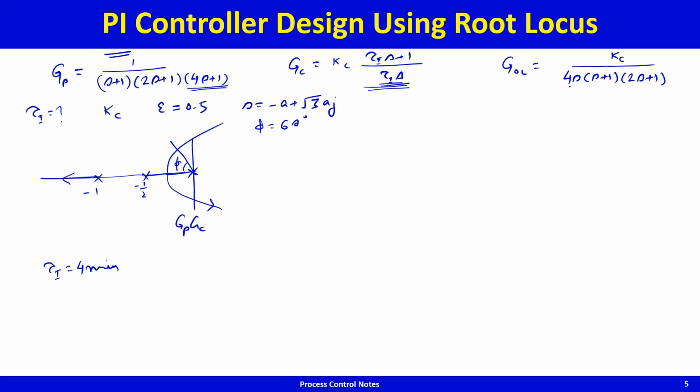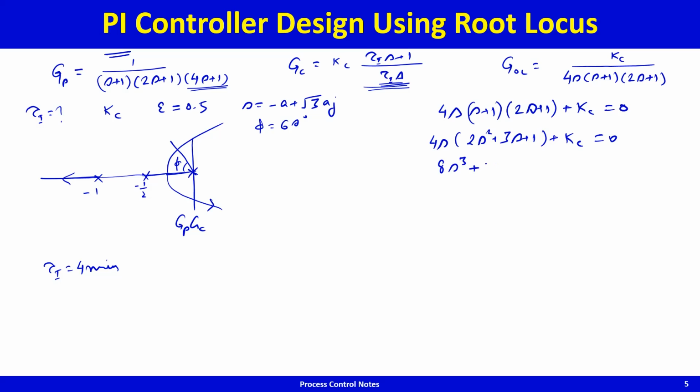Therefore the characteristic equation will turn out to be 1 plus G open loop equal to 0, and that will be 4s into (s plus 1) into (2s plus 1) plus Kc equal to 0, and so you will get 4s into (2s squared plus 3s plus 1) plus Kc is equal to 0, and this would become 8s cubed plus 12s squared plus 4s plus Kc is equal to 0.